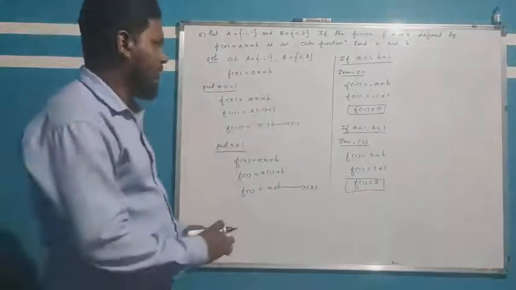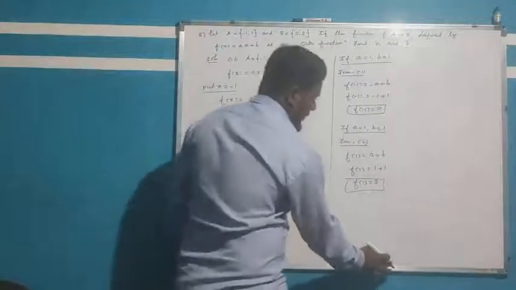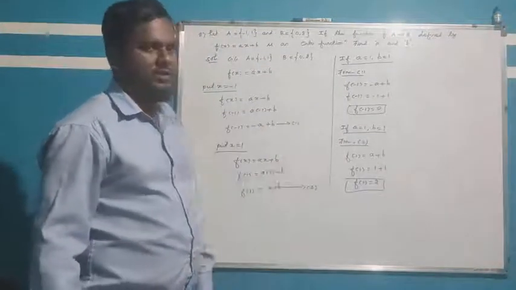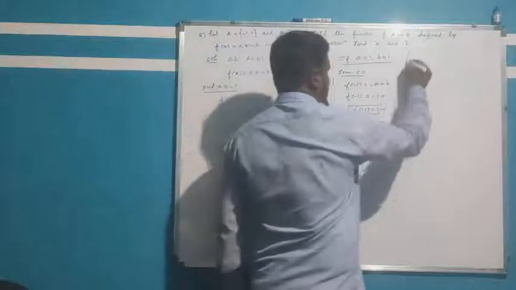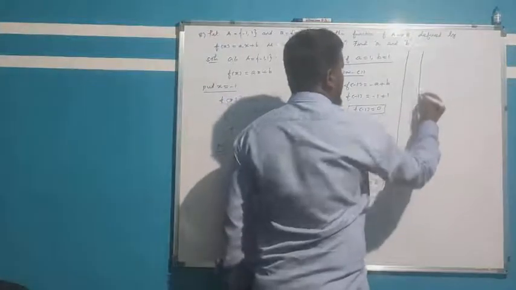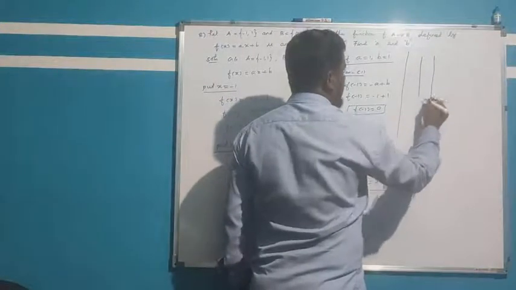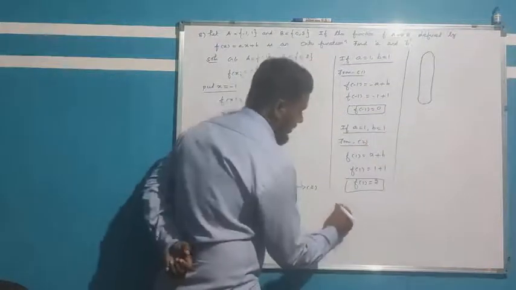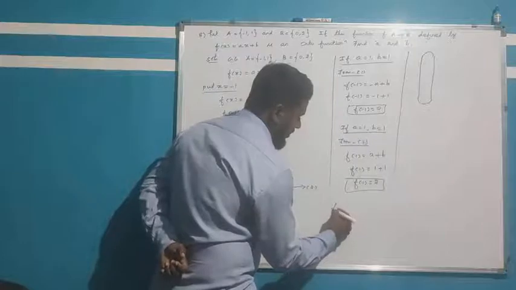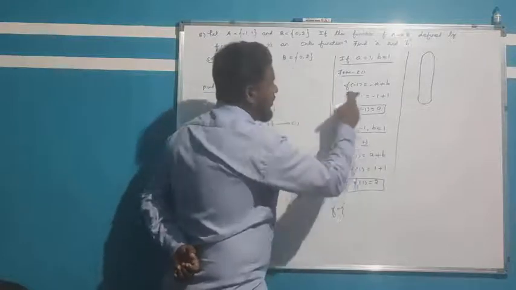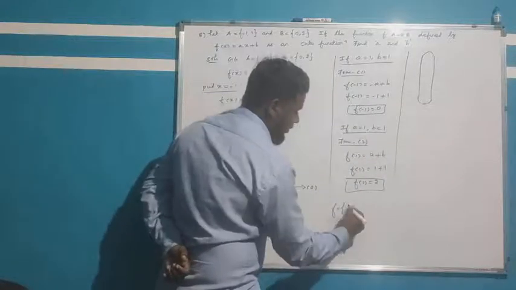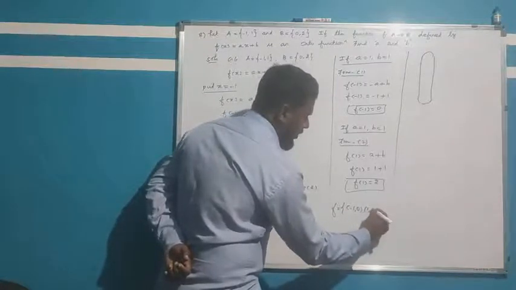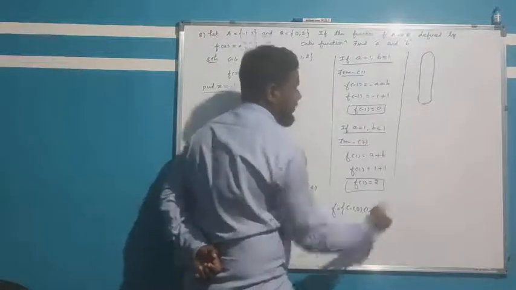Correct. Now we can find which function it is, according to the arrow diagram. What is the relation here? -1 maps to 0 and 1 maps to 2.